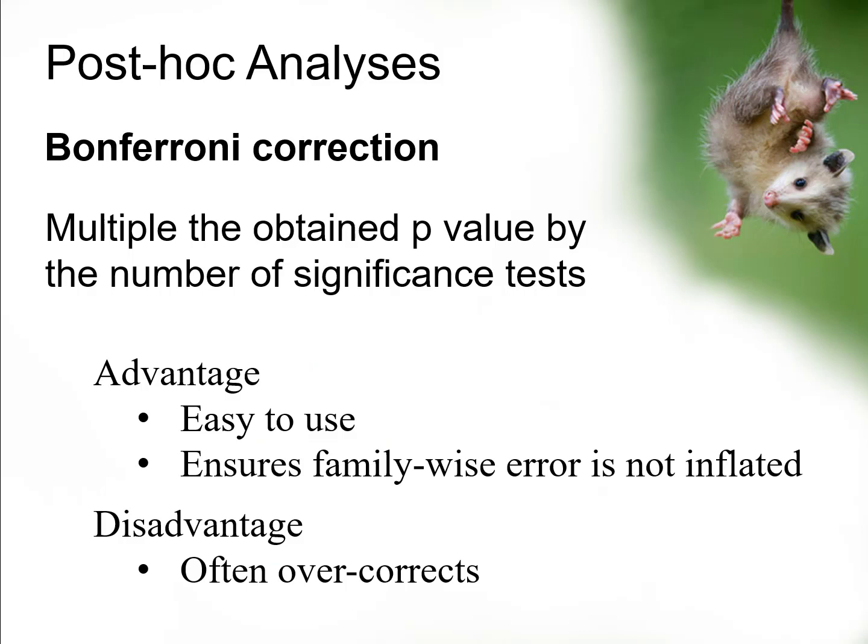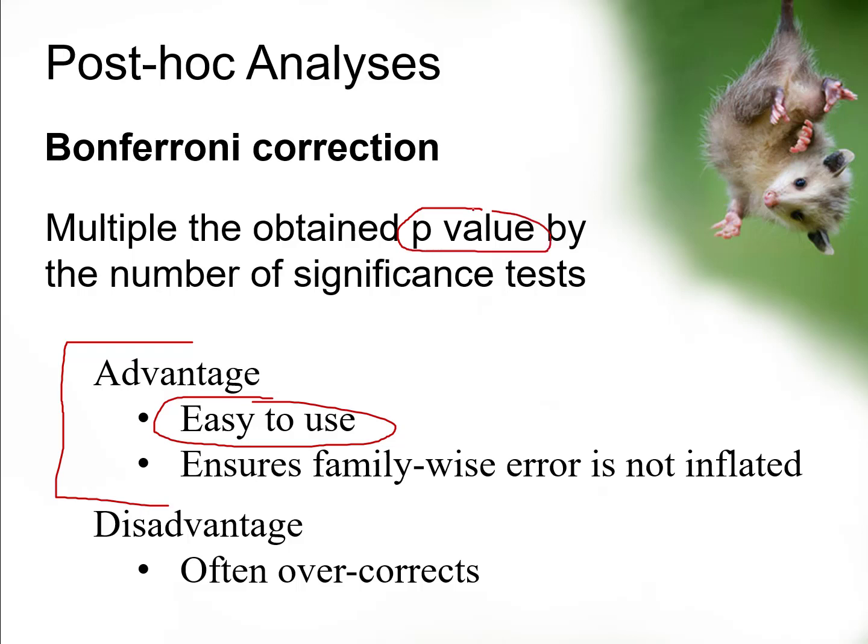Now, this Bonferroni correction procedure has a couple key advantages to it. One advantage is that it's simply very easy to use. You simply get the p-value for a statistic, and then you multiply that p-value by the total number of significance tests that you've performed, and there you go. You have your Bonferroni corrected p-value, and that's all there is to it.